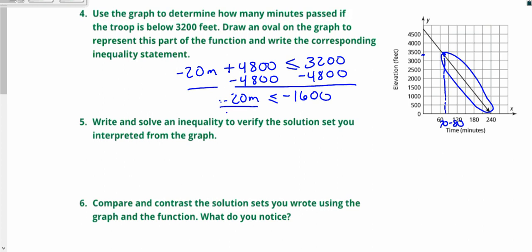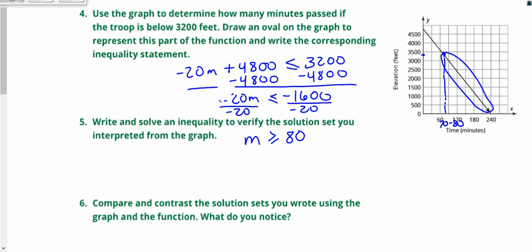I'm going to divide by negative 20 on both sides. Negative 1,600 divided by negative 20 is positive 80, and because I'm dividing by a negative, I swap the symbol, so m is greater than or equal to 80. So my graph reading was off a little bit for the 3,200, maybe a little high, and it's closer to 80.